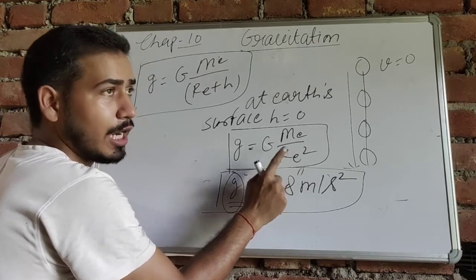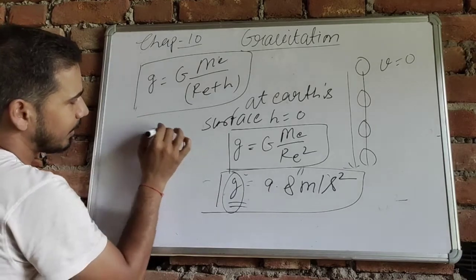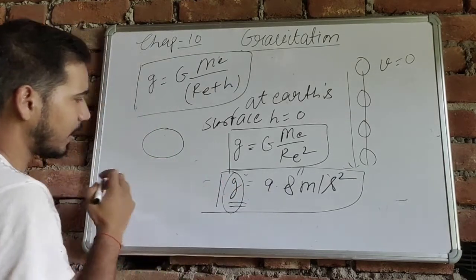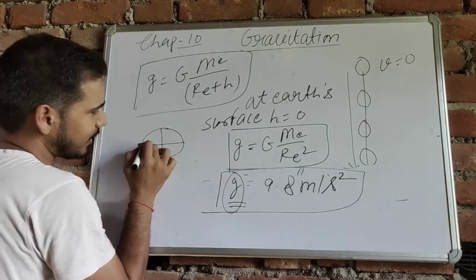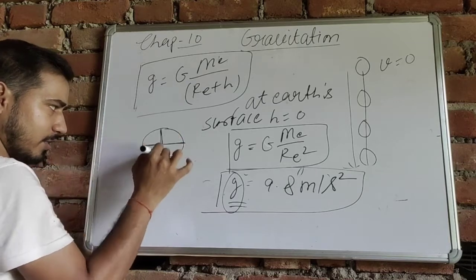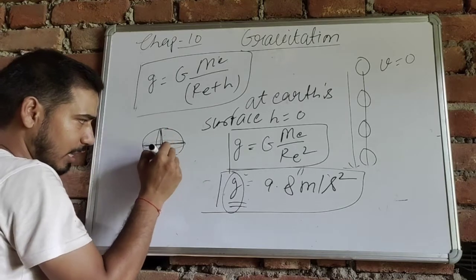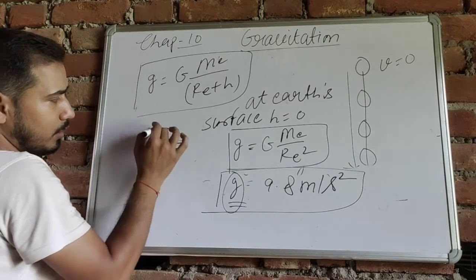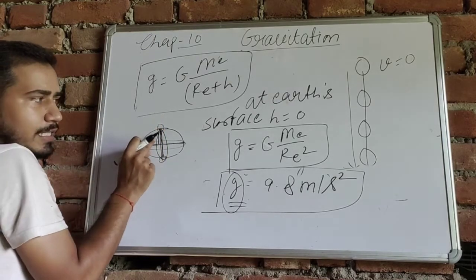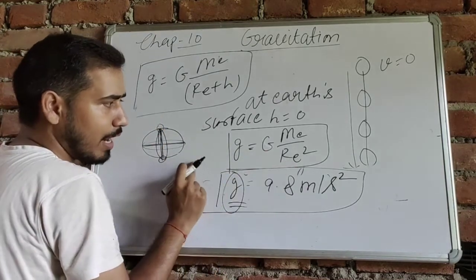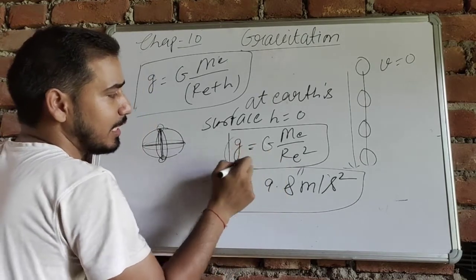And you all know earth is not a perfect sphere, it is an ellipsoid. Ellipsoid means egg-like. In an ellipsoid, this is the major axis, this is the minor axis. The major axis in case of earth is the equator, and the minor axis is the pole. So you can clearly see that at the poles the radius of the earth is lesser. If at the poles the radius is lesser, then g is greater.